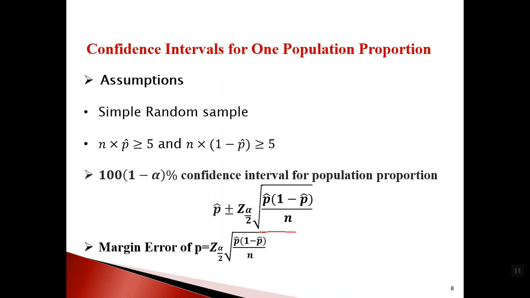This part we denote the margin of error, which means the margin of error for p is equal to c alpha over 2 times the square root of p hat times 1 minus p hat over n.